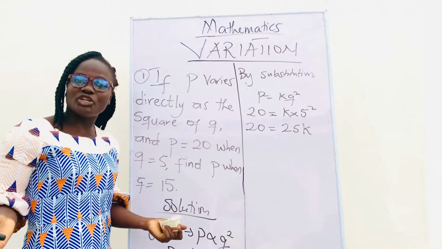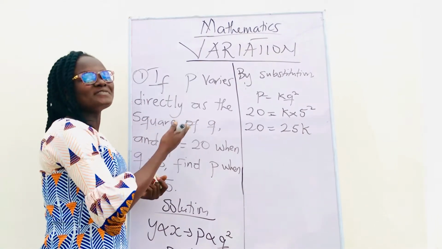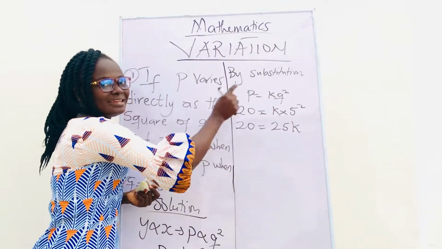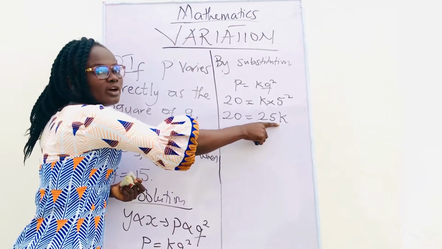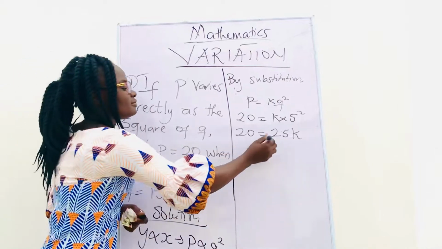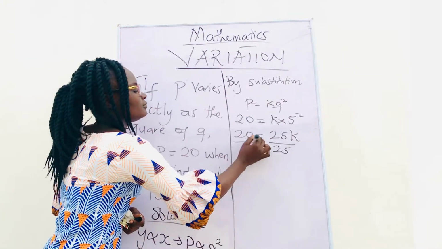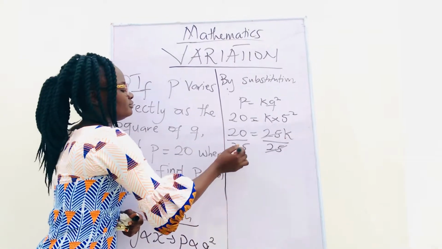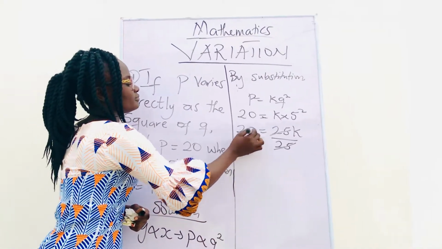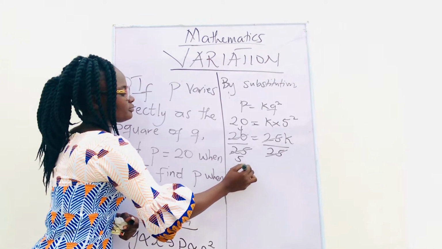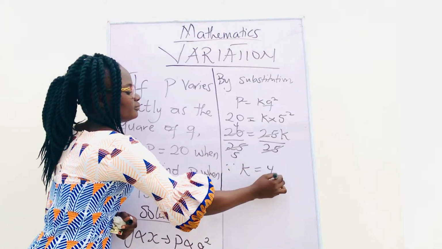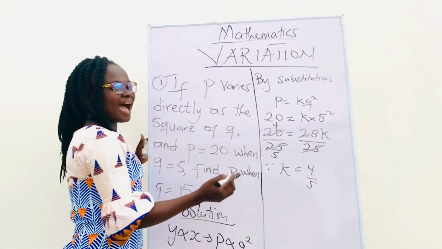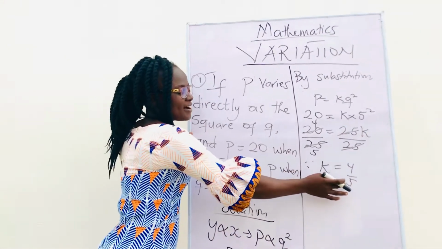So what do we do? We divide both sides of the equation by the coefficient, the number attached to your variable. So let's do that. Then we cancel out. Therefore, we've gotten our k as 4 over 5.